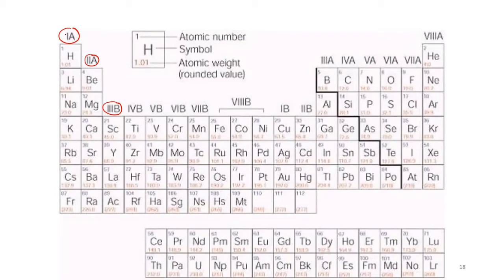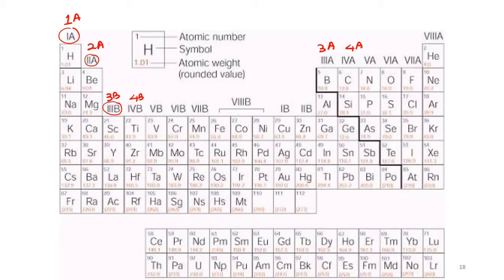Instead of the Roman numbers, you will find the Arabic numbers as 1A, 2A, this is 3A, and this one here as 3B, 4B. So all the Roman numbers as Arabic numbers. So that is another type of numbering system in the periodic table.